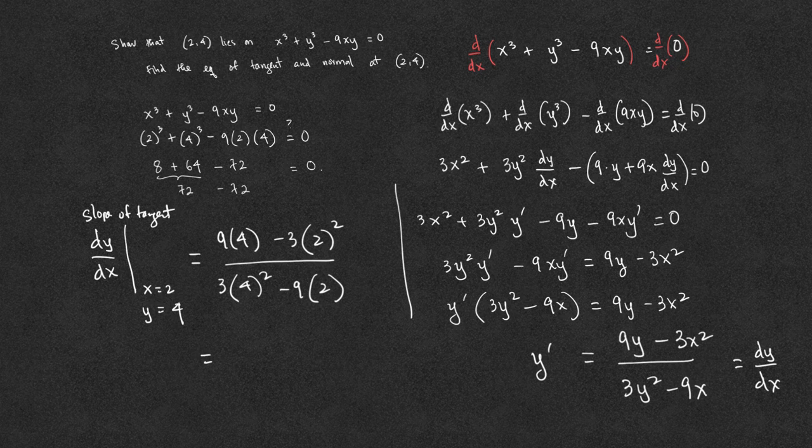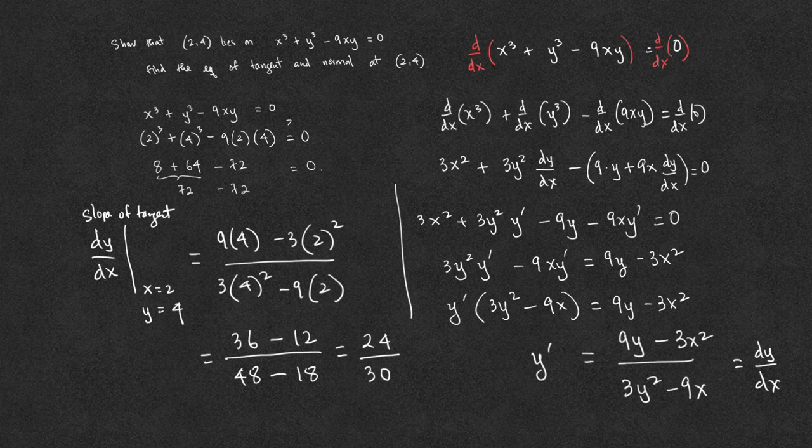The numerator is 36 minus 3 times 4, which is 12. The denominator is 16 times 3, which is 48, minus 9 times 2, which is 18. And so this is 36 minus 12, which is 24, and 48 minus 18 is 30.